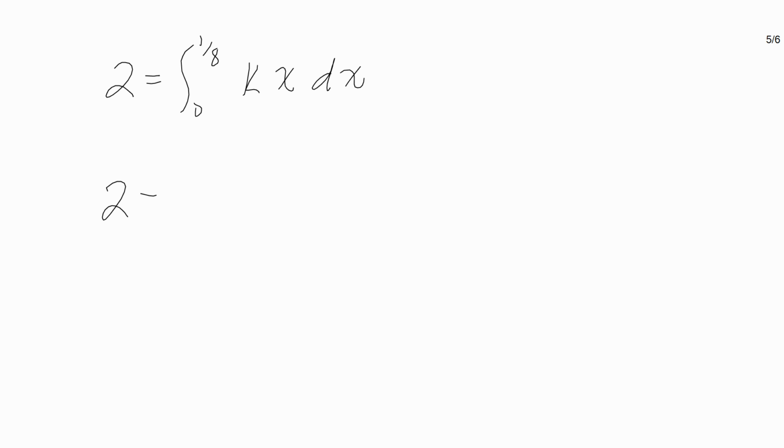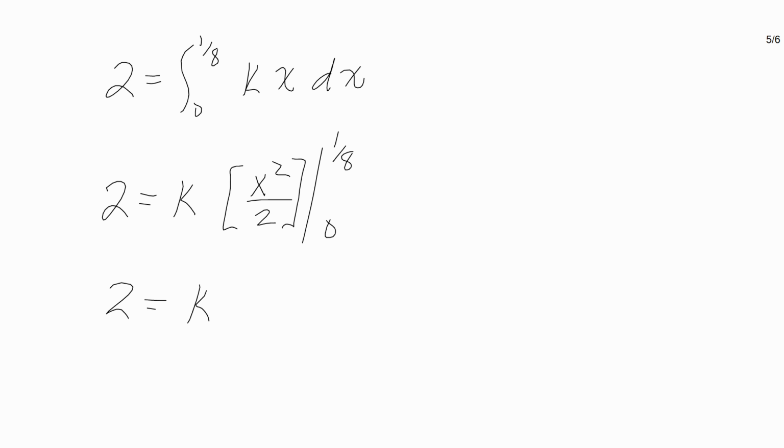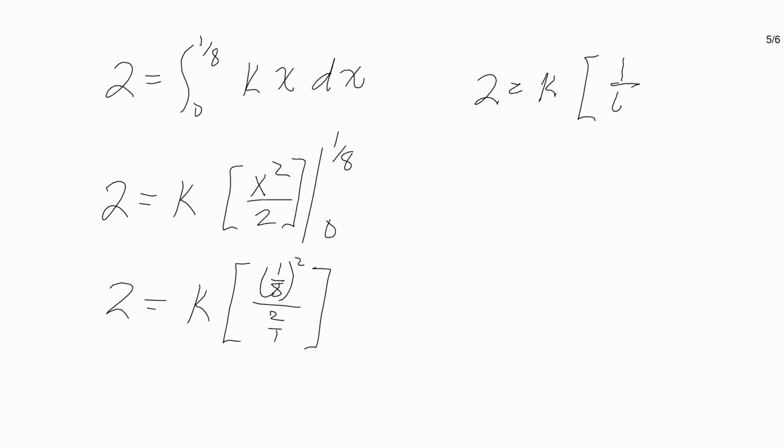2 is equal to k x squared over 2 evaluated at 0 and 1/8. I'll do 0 for you. 2 is equal to k times brackets 1/8 squared divided by 2 over 1. 2 is equal to k times brackets 1/64, right?